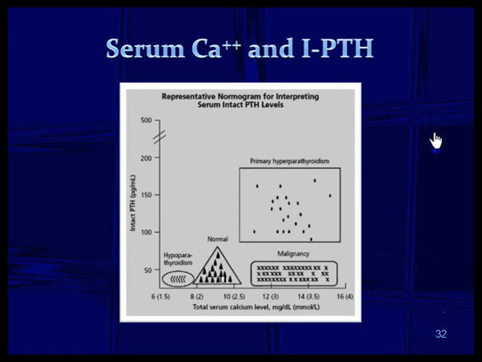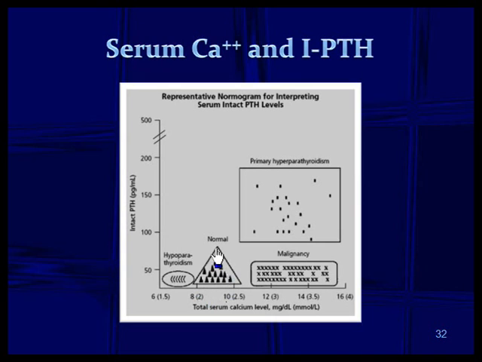This scattergram gives us the relationship of serum calcium and the intact parathyroid hormone. On the x-axis, we see the serum calcium levels in milligrams per deciliter, and within brackets millimoles per liter. We will look at milligrams per deciliter, 6 to 16 milligrams per deciliter. We know the normal value is anywhere between 8.5 to 10.3, and this is the normal range.